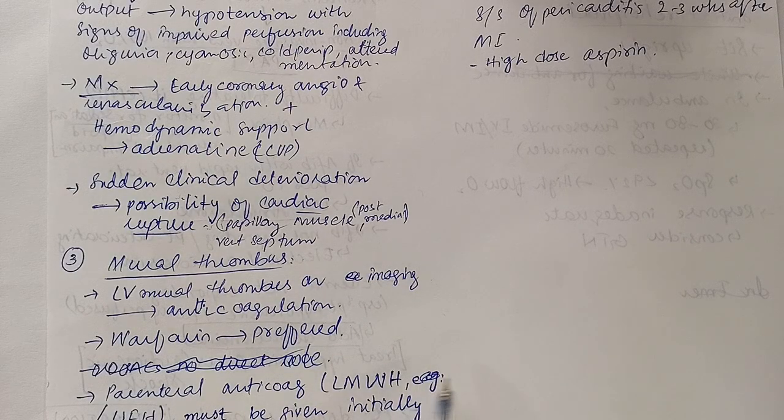But initially, low molecular weight heparin or unfractionated heparin, parenteral anticoagulation, must be given to overcome the delay in warfarin taking effect. Anticoagulation is advised until the mural thrombus resolves, and sometimes the mural thrombus is present lifelong, so lifelong anticoagulation is also considered.